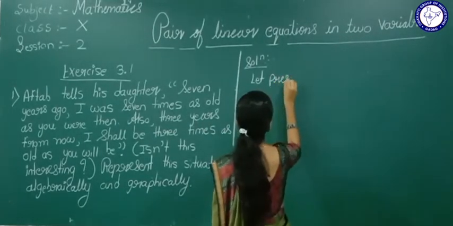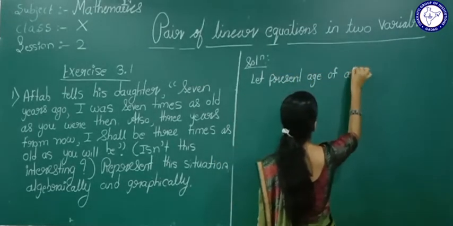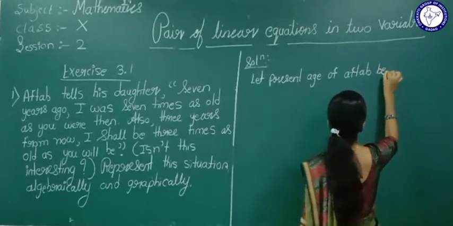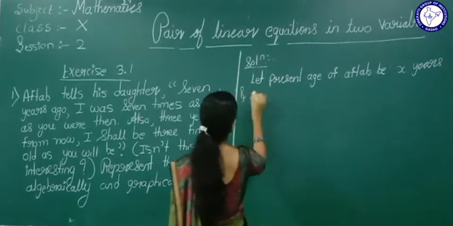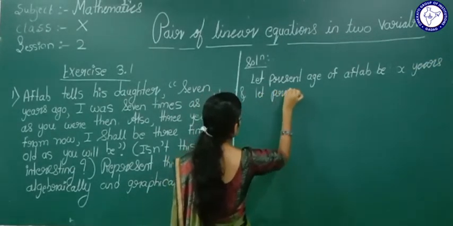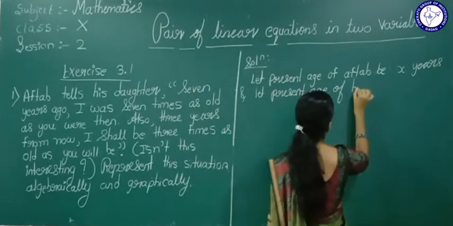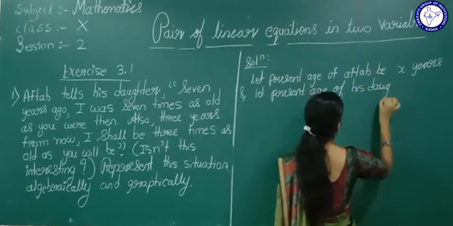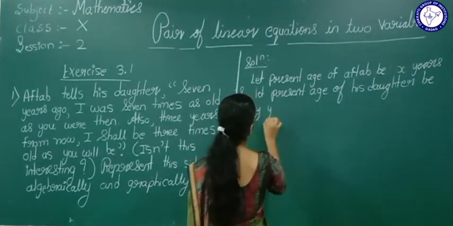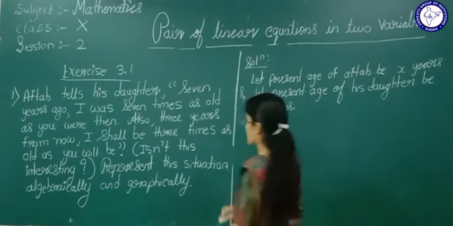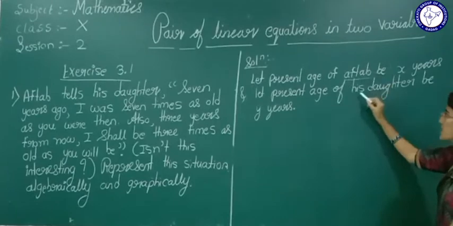Let the present age of Aftaf be x years, and let the present age of his daughter be y years.